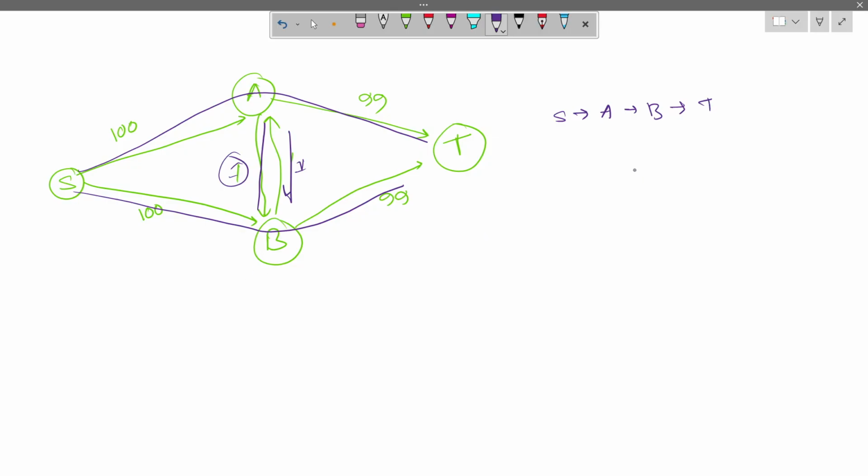Now you may wonder why this one is important, or you can check its relevancy as well. So S to A is 100, A to B is 1, B to T is 99, and the maximum flow from it will be 1 unit. Then again S to B and B to A to T, this will be 1 unit only.